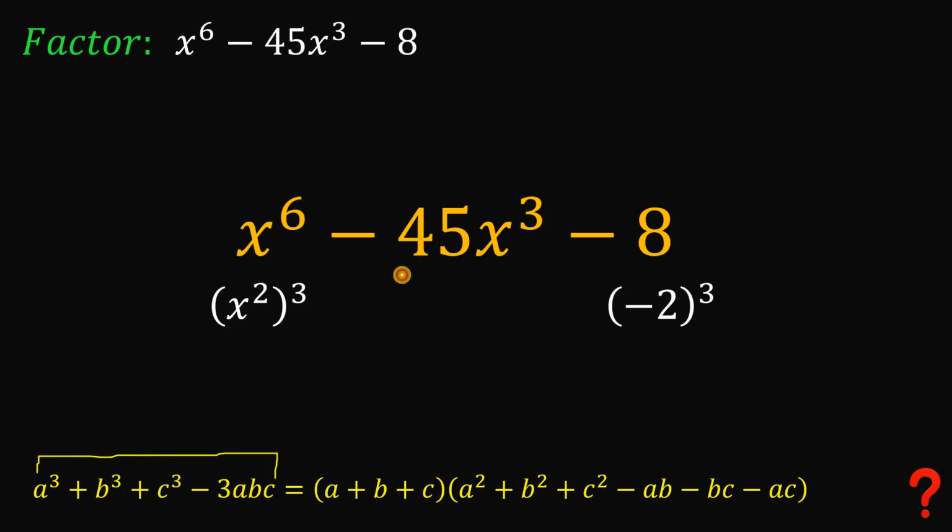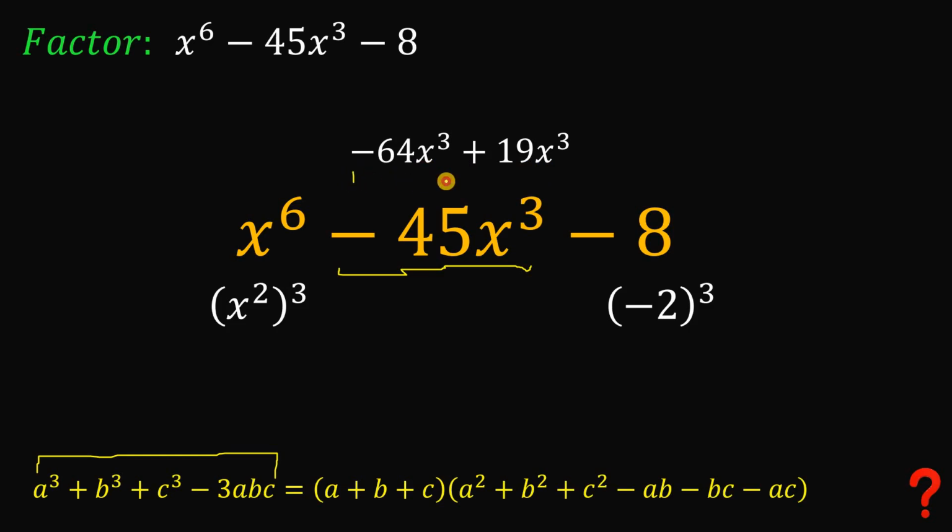So what we're going to do is to break this negative 45x cubed to have another perfect cube and another term. So now one of the closest perfect cubes to negative 45x cubed is negative 64x cubed. So what we're going to do is to add and subtract 19x cubed. So we have negative 64x cubed plus 19x cubed.